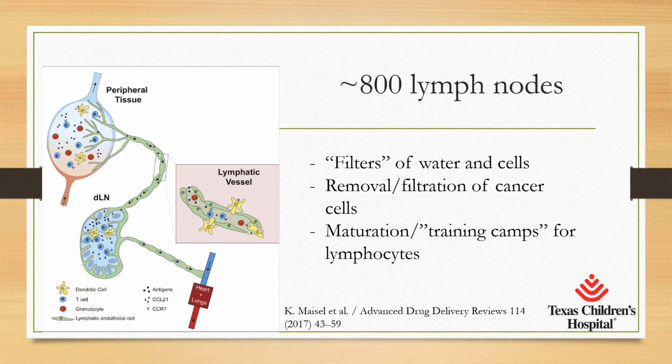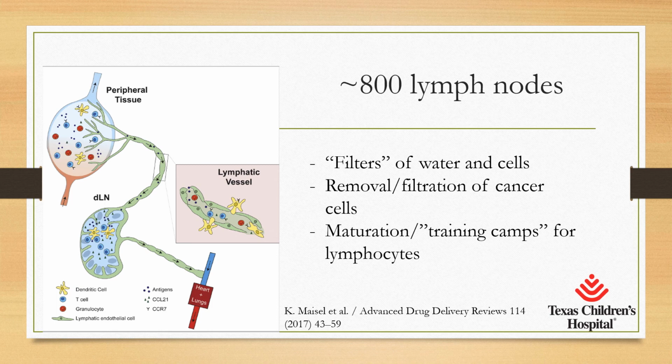So outside of the lymphatic vessels in themselves, we have somewhere close to 800 lymph nodes in our body. Depending on the paper you read, some say about 600, some 800, but basically along the way of the lymphatic vessels, there are the lymph nodes, which function as filters of water and cells.